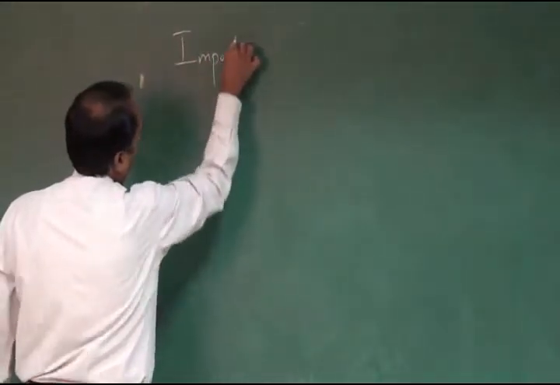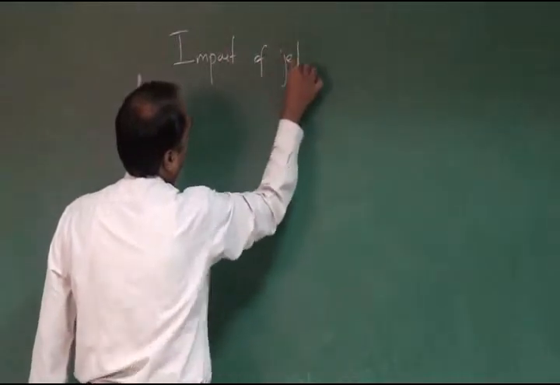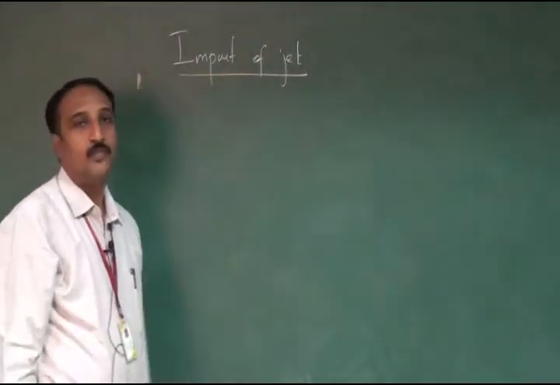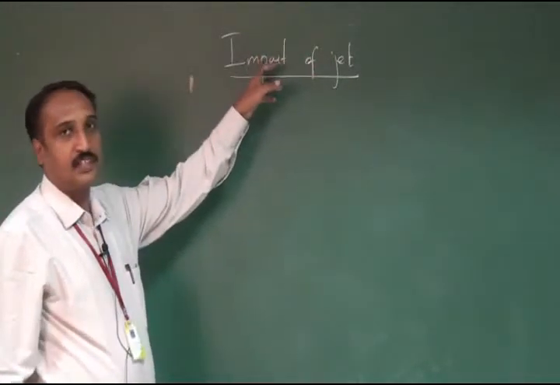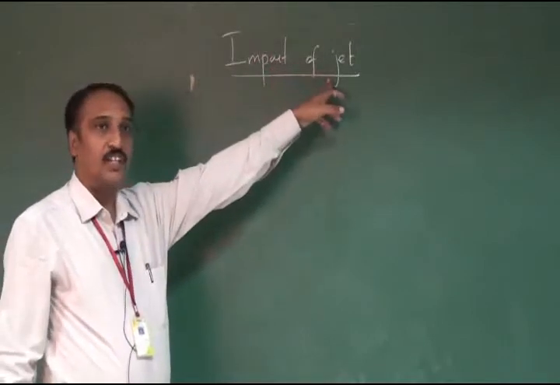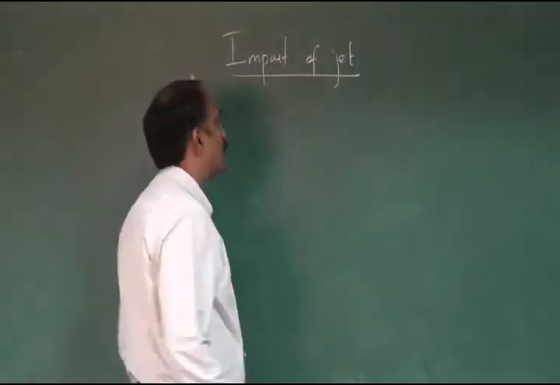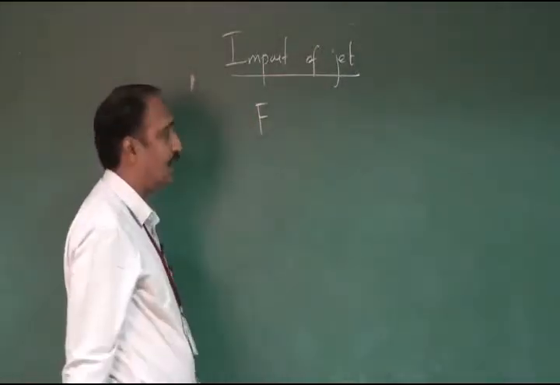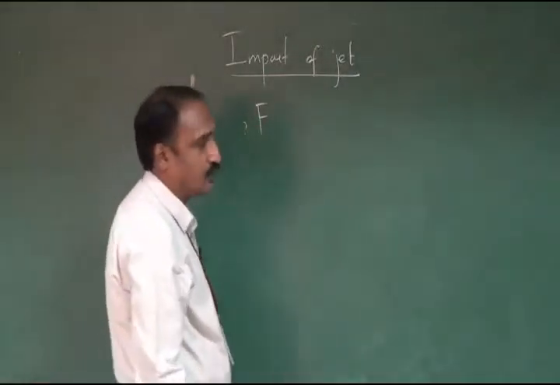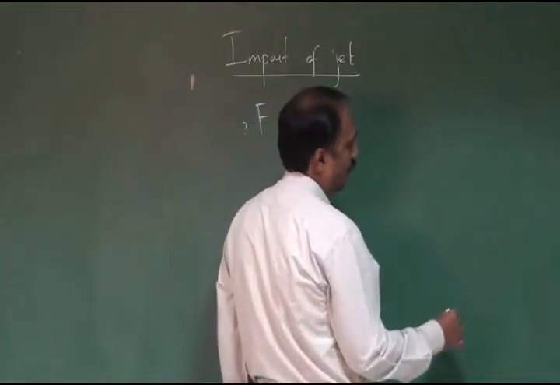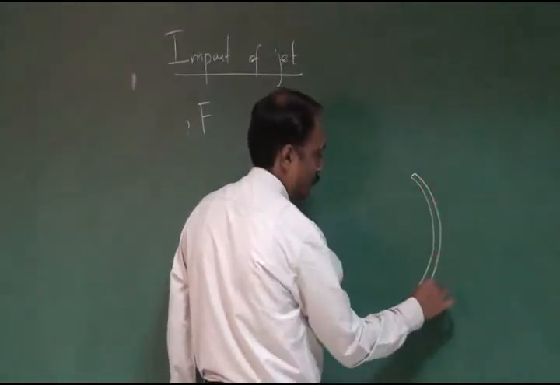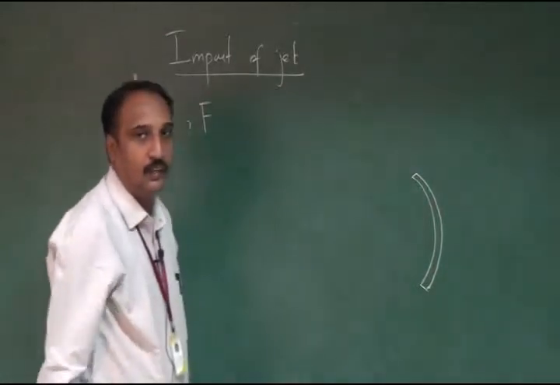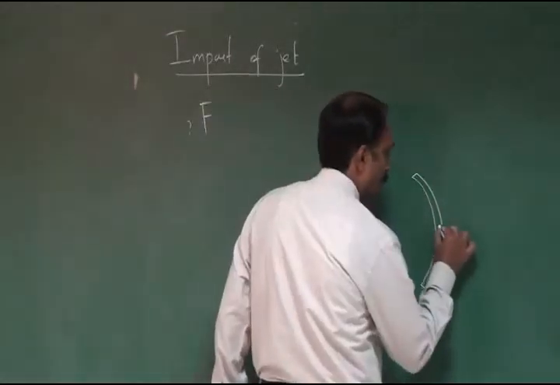Now start with impact of jet. Impact of jet means the force exerted by the jet of water on the moving plate. How do we determine the force acting on that plate? For this, we have to consider one curved circular plate, which is moving with the velocity u.